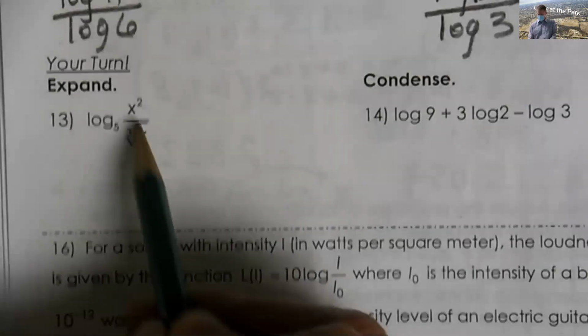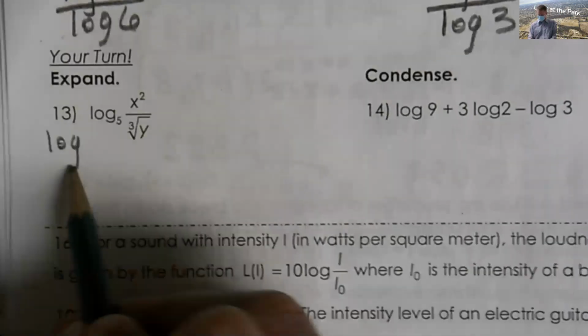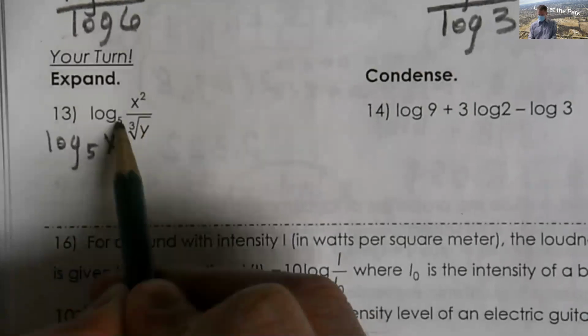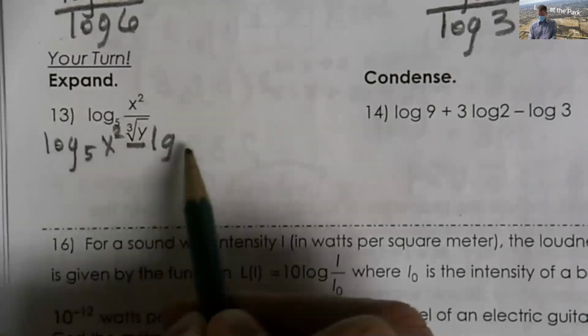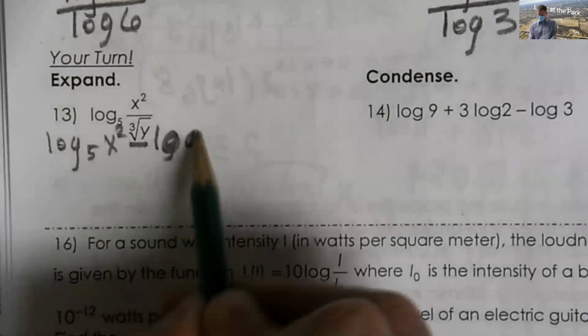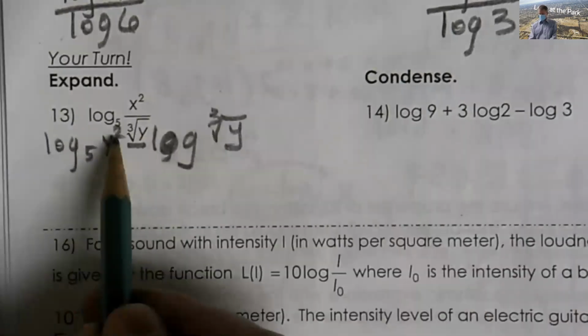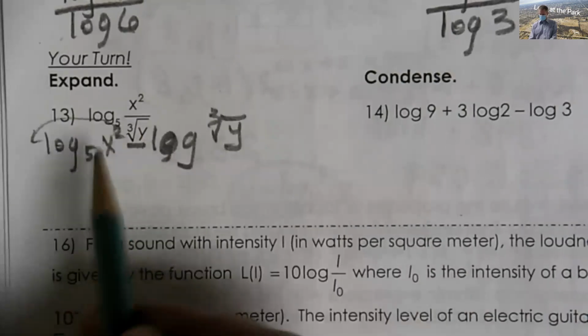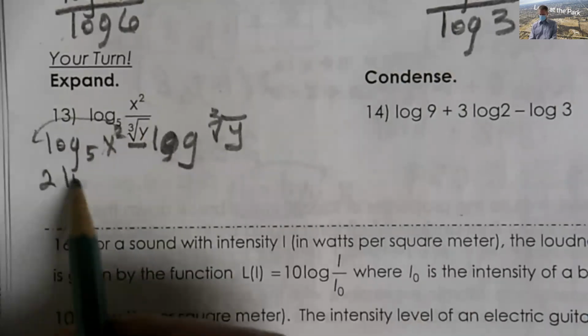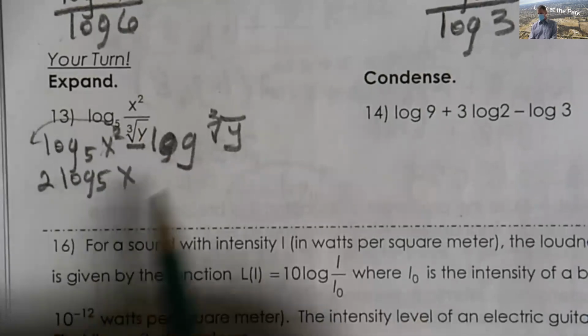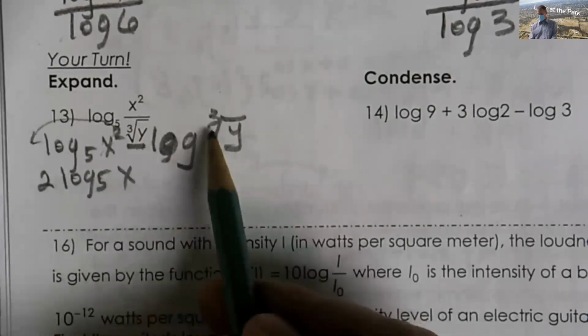So we have division. So we're going to write this as log of x squared minus log of the cube root of y. We have an exponent, so we're going to write that in front of its logarithm. Now this is the cube root of y.